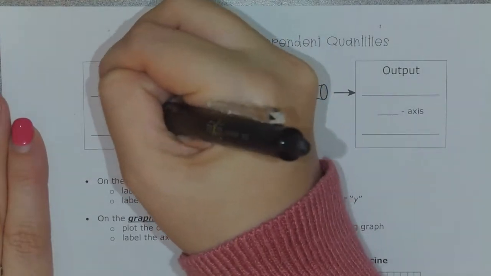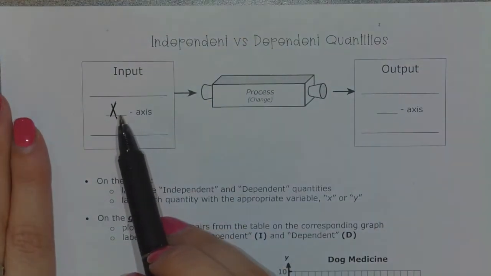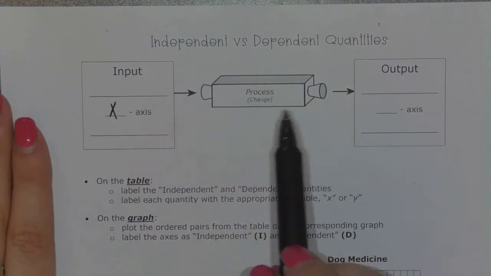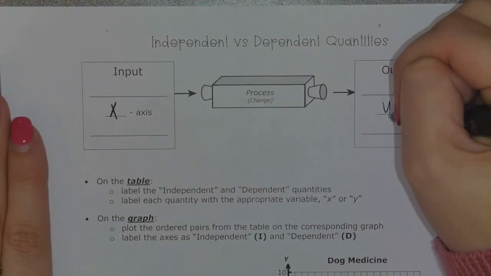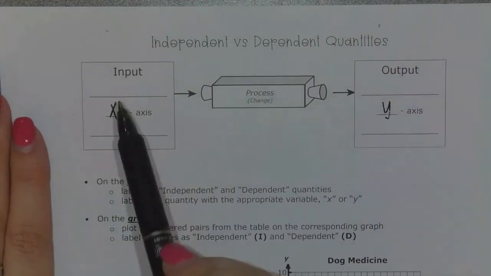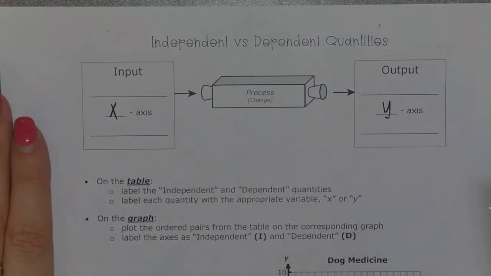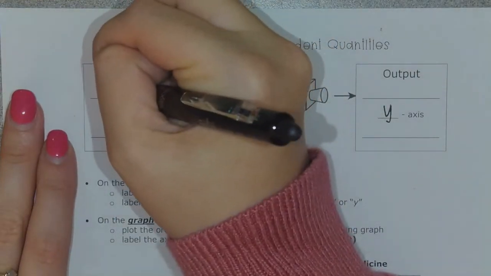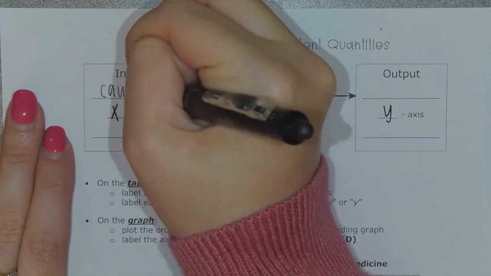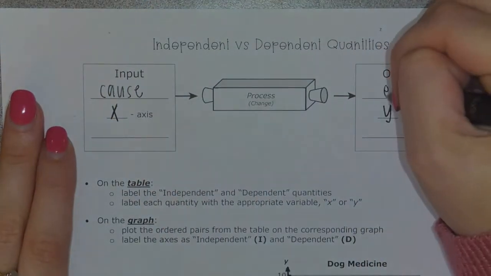So the input is the x. It's always what you're starting with. X is going to go through some process, some change, and out is going to come your y value. So input is x, output is y. To bring in some ELA terms, it's like our input is the cause and the output is the effect.